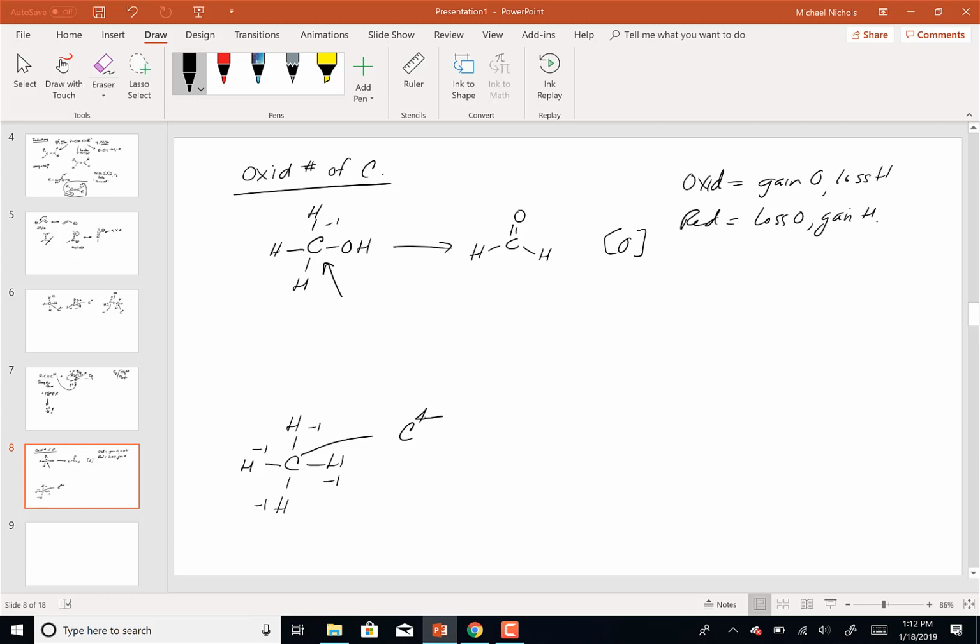So we got -1 from each of the hydrogens, right? And then we basically lose 1 to the oxygen, so there's a +1. Again, carbon losing electrons, that's loss, that's plus. Those 2 cancel. Uh-oh. No. Is it -2?